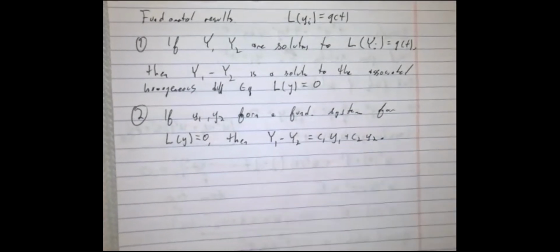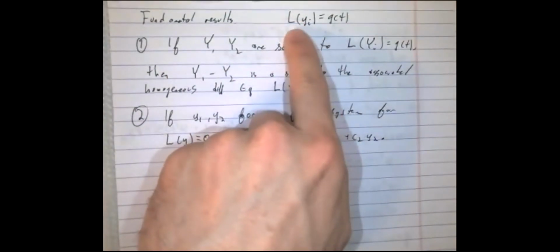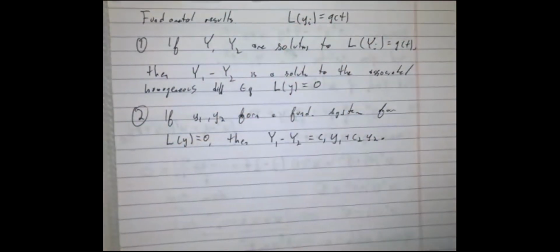So what we're doing here is tying solutions to the non-homogeneous differential equation back to solutions to the homogeneous equation. We want to use all the things we know about the homogeneous differential equation in terms of our understanding of the non-homogeneous one.